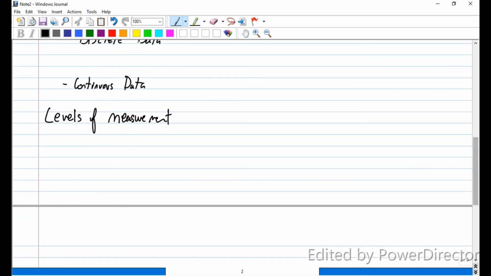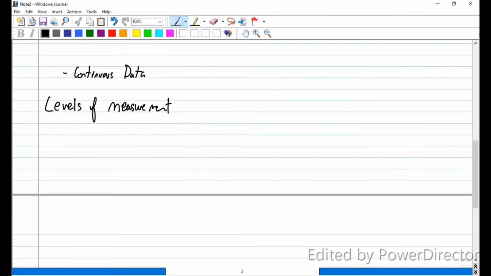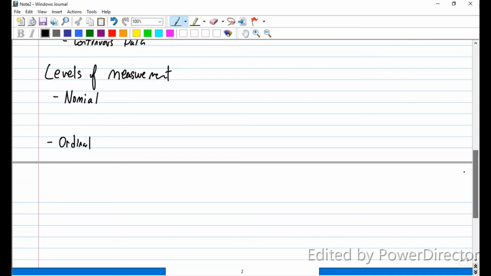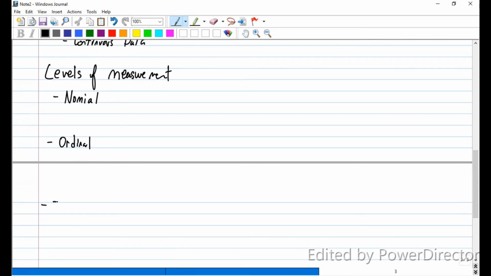So we have 4 levels of measurement. We have the nominal level, and I'm going to skip a little space in between these. Ordinal level. The interval level.